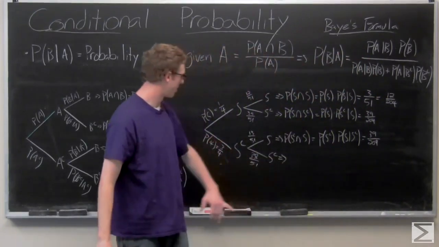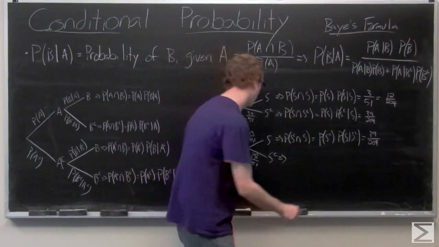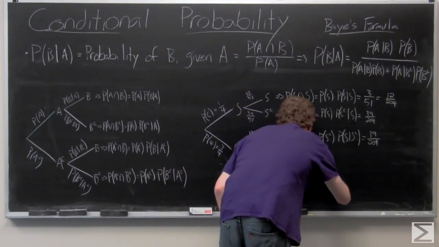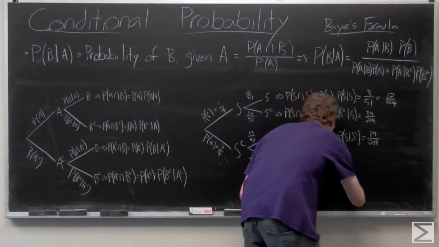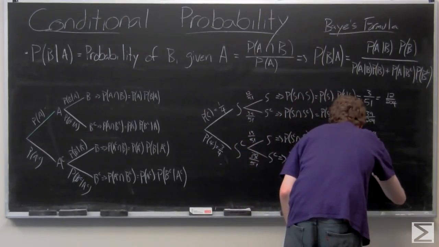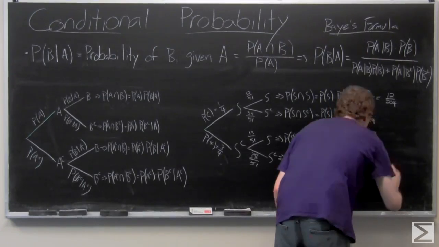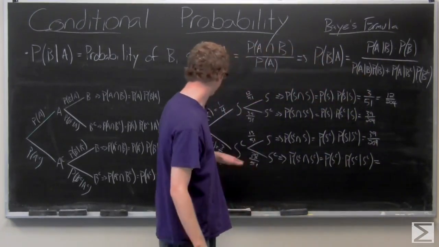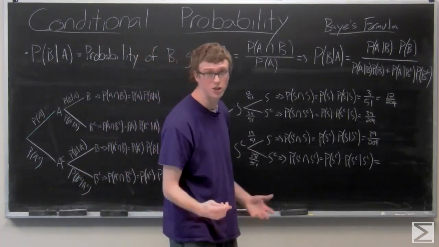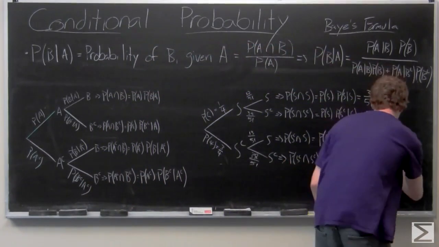Now this last probability, that we get a not spade and not spade, is going to be just 3 quarters times 38 out of 51, which is 114 out of 204.